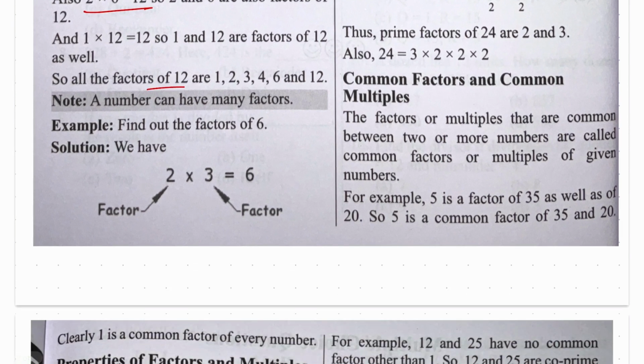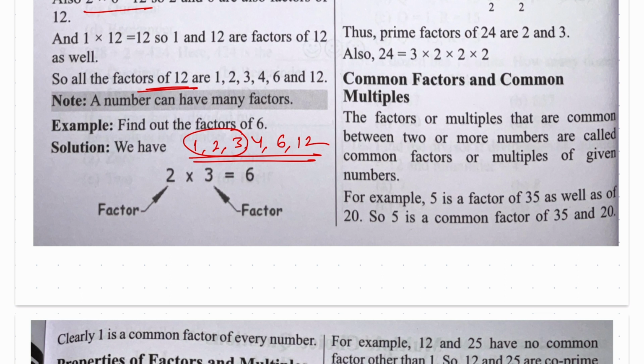So what are the factors of 12? 1, 2, 3, 4, 6, and 12. And what are the prime factors of 12? 2 and 3. These are the prime factors of this. Getting the point?